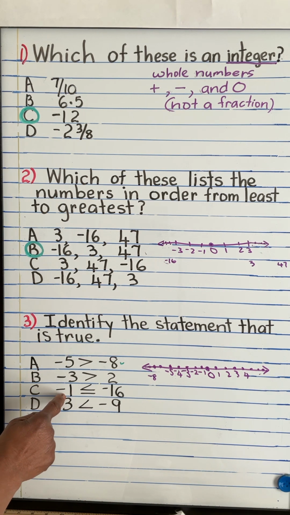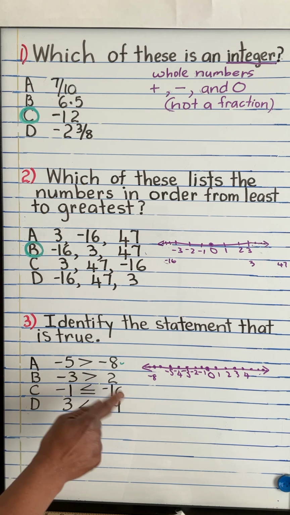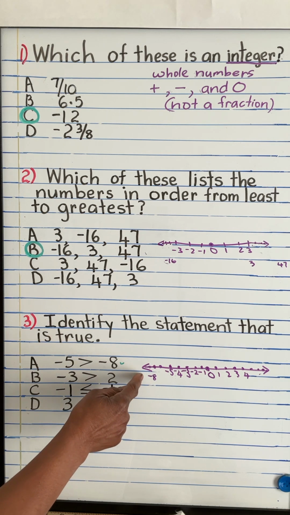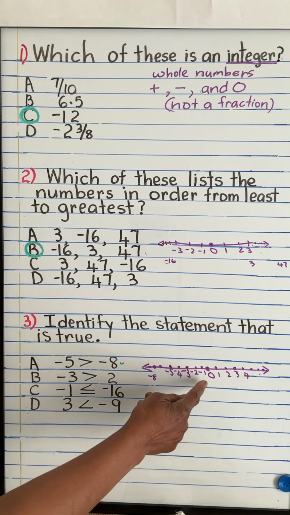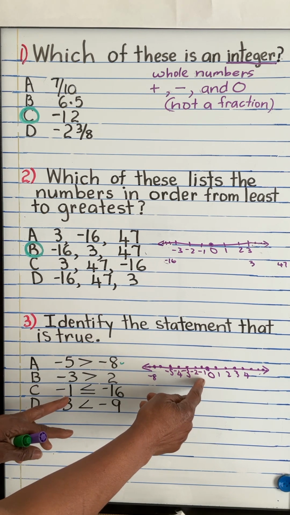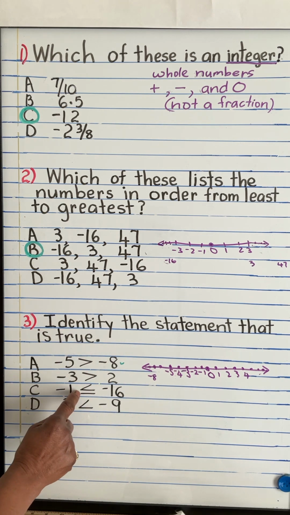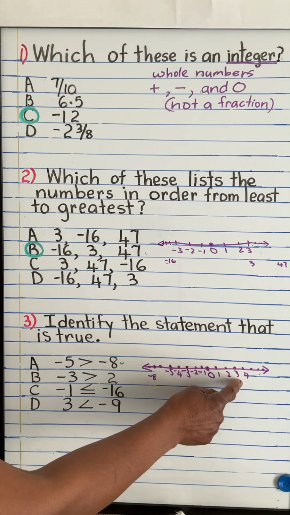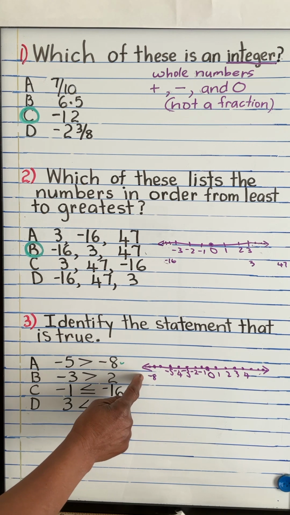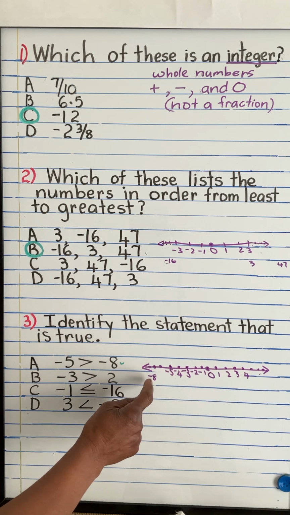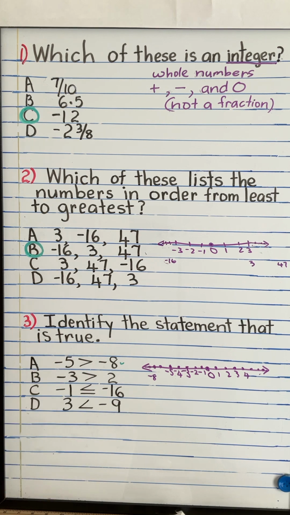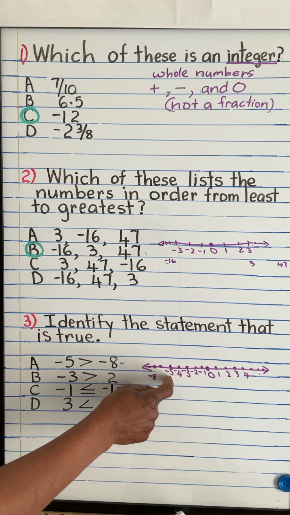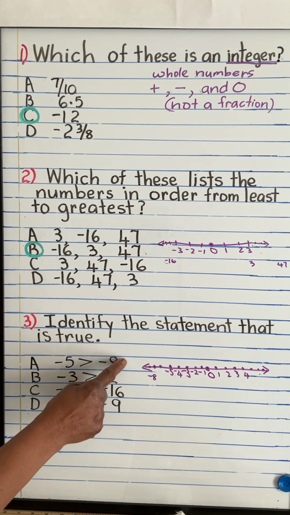Negative 1 is less than or equal to negative 16. Negative 16 would be all the way over here, and this is negative 1. So negative 1 is greater than negative 16, so this is incorrect. 3 is less than negative 9. 3 is right here, and negative 9 would be somewhere here. So 3 is greater than negative 9, so this is not correct. So our correct choice is negative 5 is greater than negative 8.